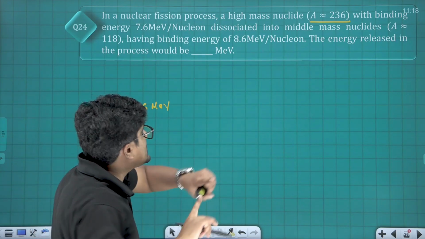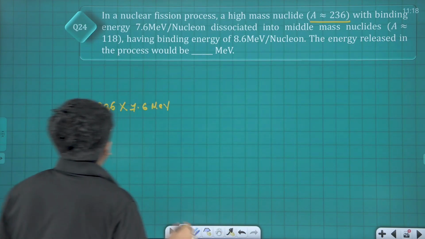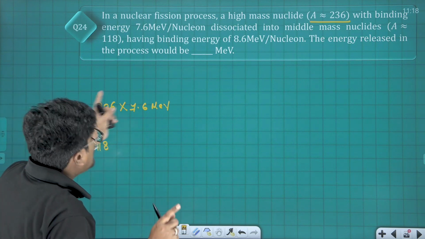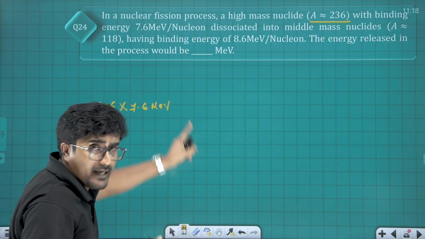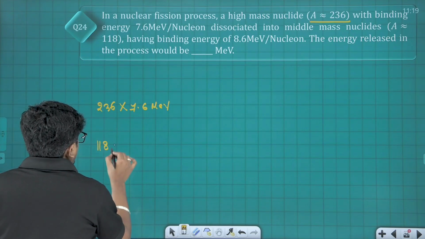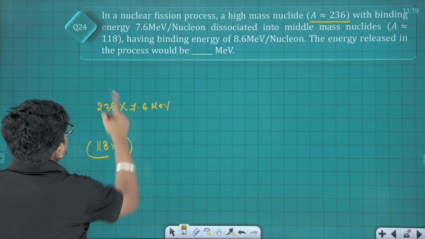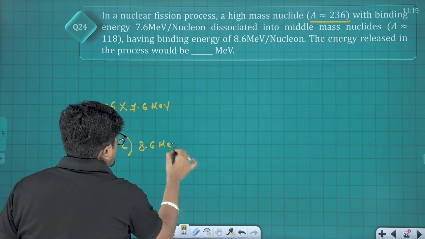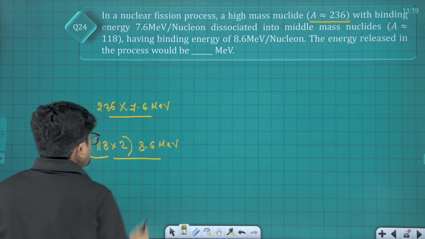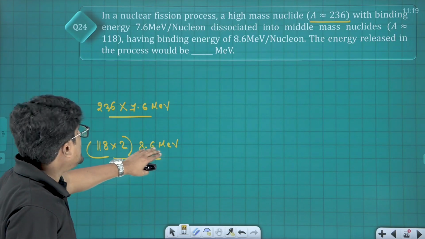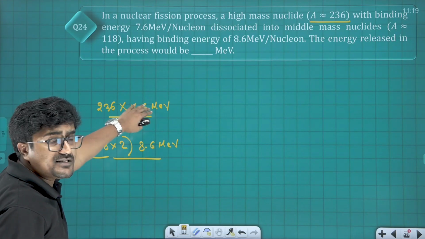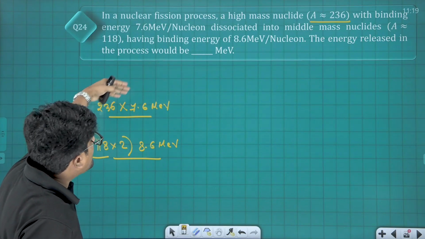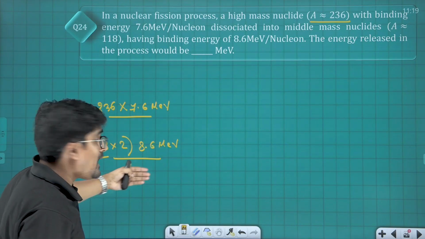And here that is getting split into two nuclides of mass number 118, so 118 into 2 and binding energy 8.6 mega electron volt. This is the final binding energy, and the other is the initial value, before splitting and after splitting.